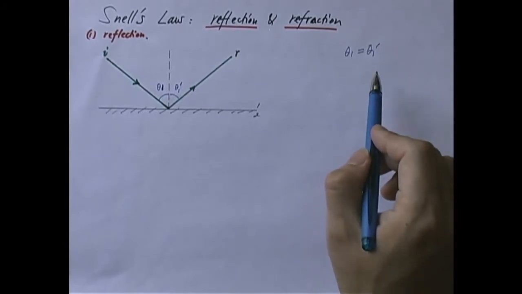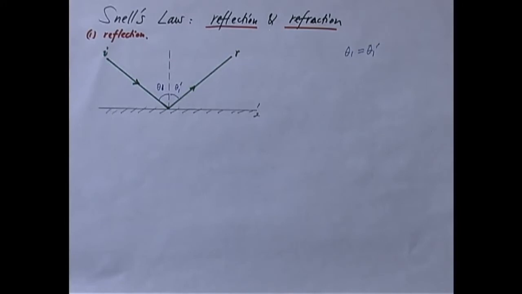We have to understand it from the wave nature of light. Otherwise it wouldn't make any sense, because we do think of light as an electromagnetic wave. So is it possible to understand this from a wave point of view? Well, it turns out yes, we can. The derivation is a little bit more involved, but we can still understand why.